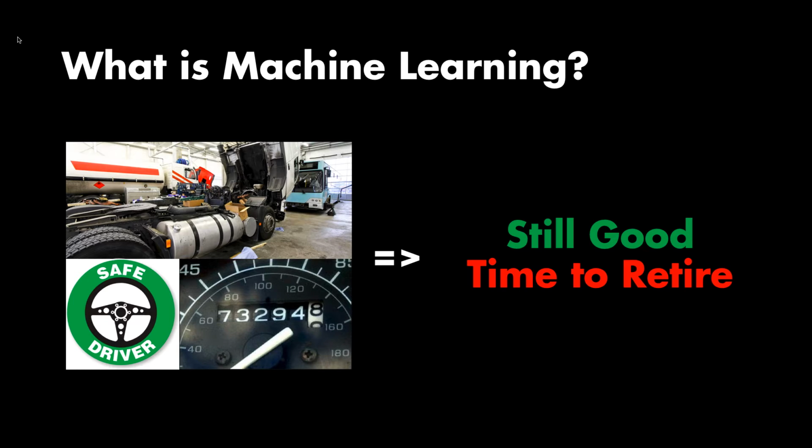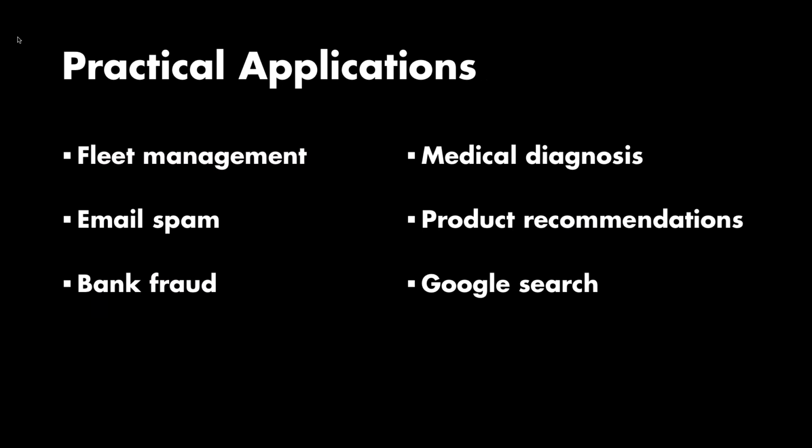They knew that after a truck has this many miles on it, and was driven by a safe driver, and had received all of its maintenance, they had an idea, but it was really just guessing. So what I built for them was a machine learning algorithm that looked at all of the data coming in and generated its own recommendations. It would say, hey, this truck just hit these benchmarks, and so we think it's a good time to retire the truck.